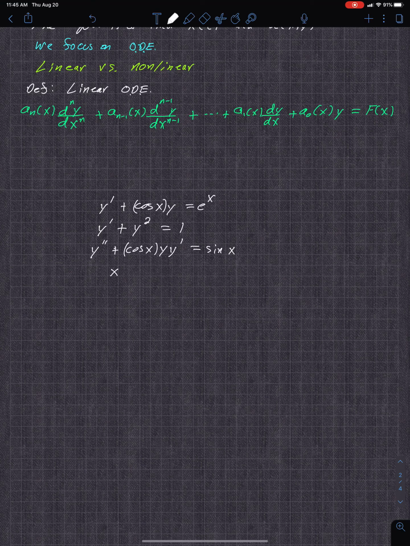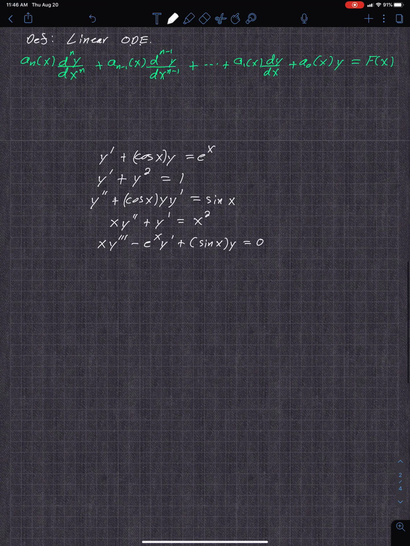Next one is x y double prime plus y prime equal to x squared. Next one is x y triple prime minus e to the x y prime plus sine x y equal to 0.